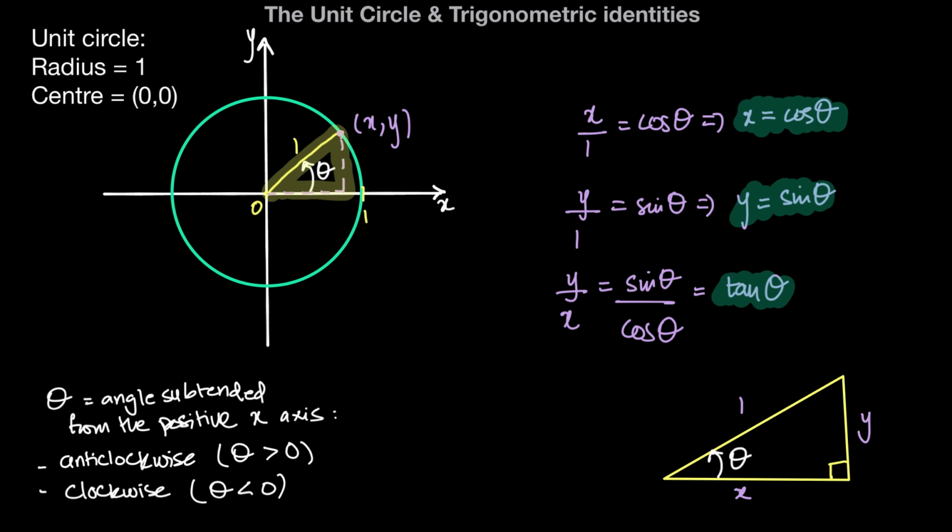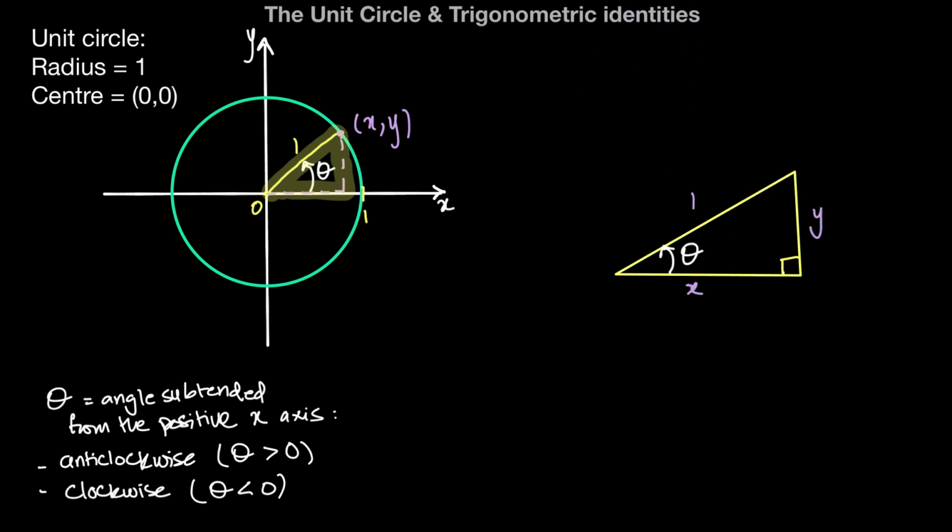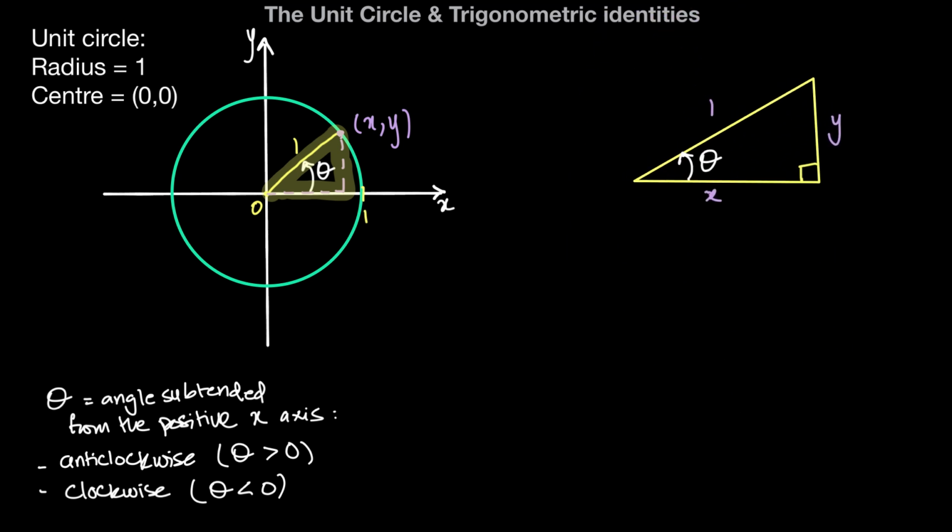Another thing that we notice over here is that if we look at this triangle, using Pythagoras' theorem, we can say that x squared plus y squared is equal to 1 squared. And since we know that x over here is just the cosine of theta, since x, the side adjacent to theta, divided by 1, so adjacent over hypotenuse, which is just x over 1, is equal to cosine of theta.